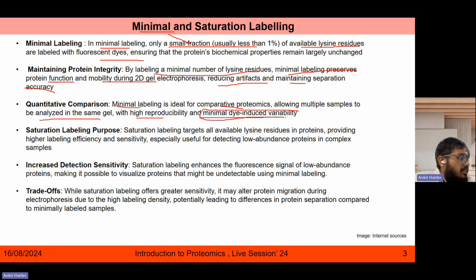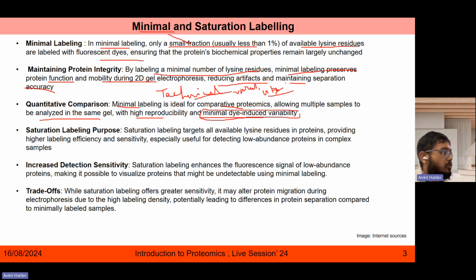So in this kind of experiment, we should be sure that we are not introducing any kind of technical variability. Technical variability should not be introduced in the experiment. That's why minimal labeling is, the majority of the time, quite effective and used for comparative proteomics.